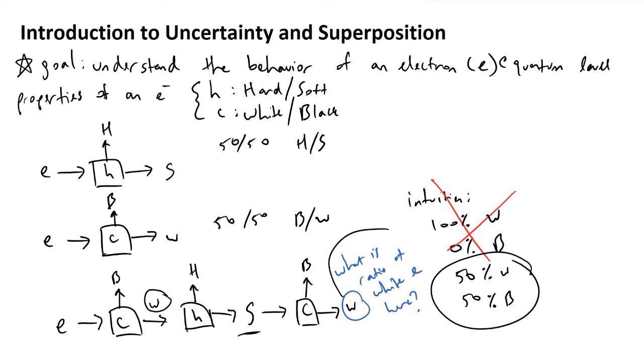So now the only thing going into this color box on the far right here are going to be 100% soft electrons. And if we have 100% certainty that the electrons inside of this color box on the far right are soft, then when I try to figure out what their color is, because I know what their hardness is, I don't know what the color is anymore. And so this is uncertainty.